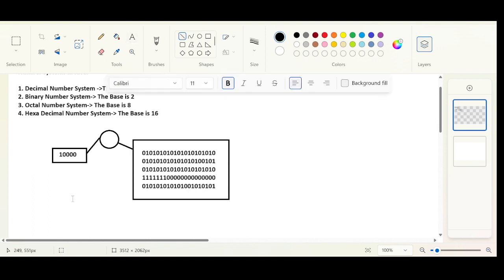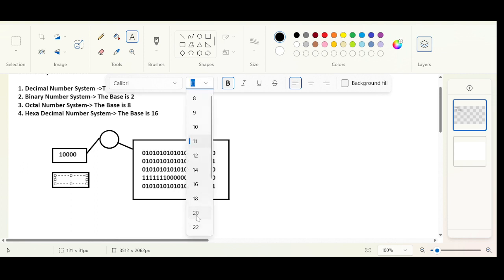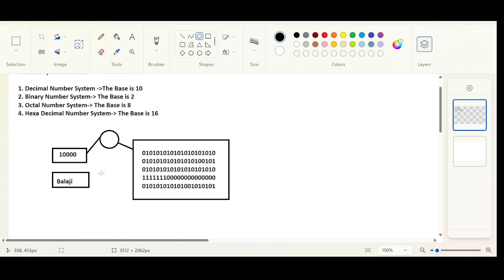Likewise, if you have any kind of name, for example, let us take my name itself. My name can be represented as a sequence of characters. My name is Balaji, right? So again, this Balaji needs to be converted into zeros and ones. How the conversion is going to happen, we will discuss. Again, the name Balaji will be converted to zeros and ones, so the computer will understand.